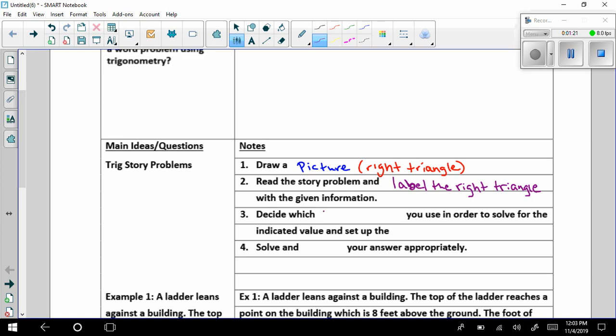Decide which trig ratio that you need to use in order to solve for the indicated value, and set up the problem by writing some sort of equation.